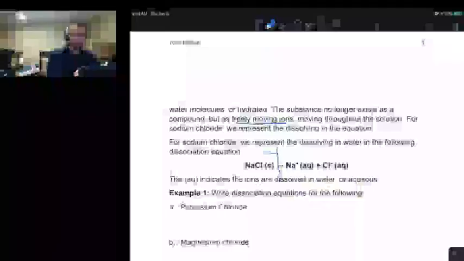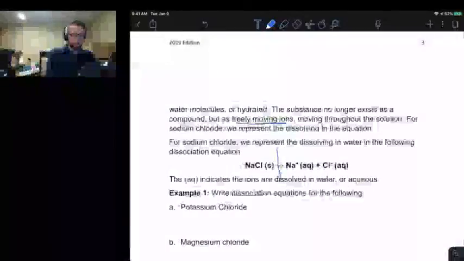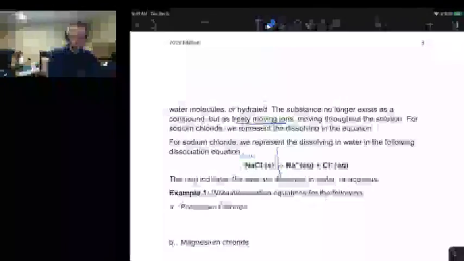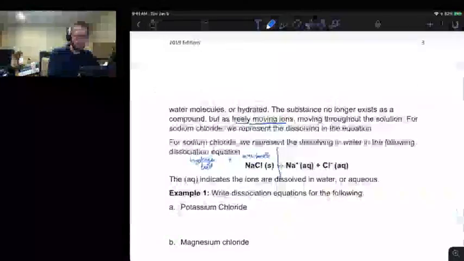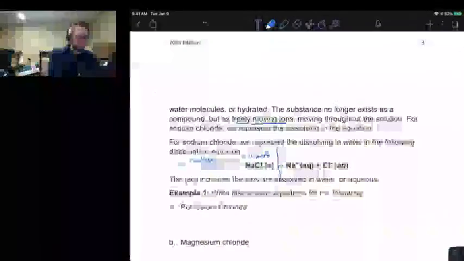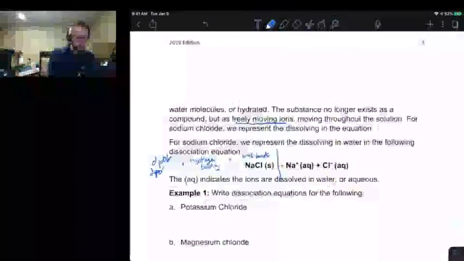So in this example, on this side of the universe, before this reaction, in quotations, before the sodium chloride breaks apart, we have some ionic bonds inside the sodium chloride, and we have some hydrogen bonding and some dipole interactions.